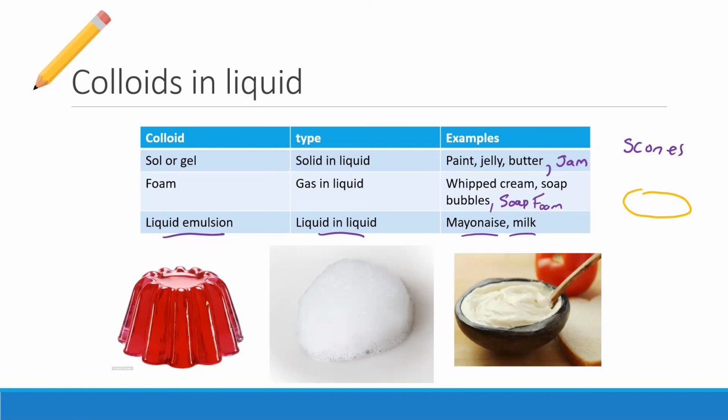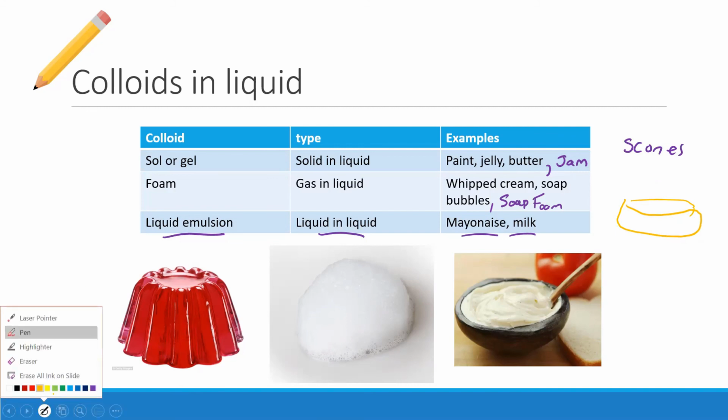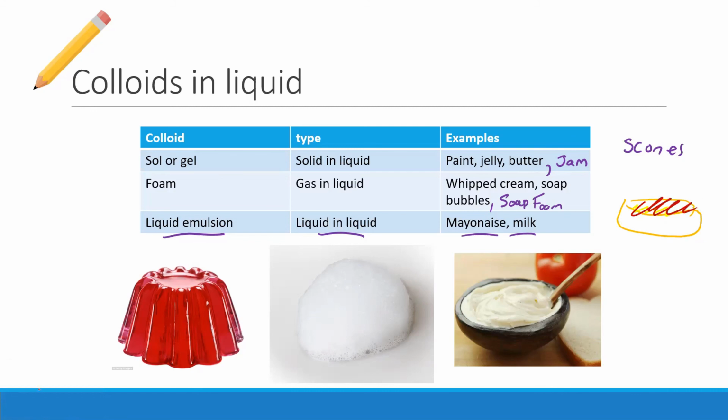It's pretty much flour and milk, and then on top of it you put a little bit of butter, and then you put some jam of your choice, and then you put some whipped cream on top.